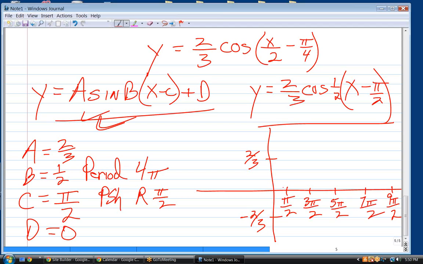Okay, so I'm starting right there and ending right there. I'm going to go through that point, this point, and that point. Connect the dots, you're done.